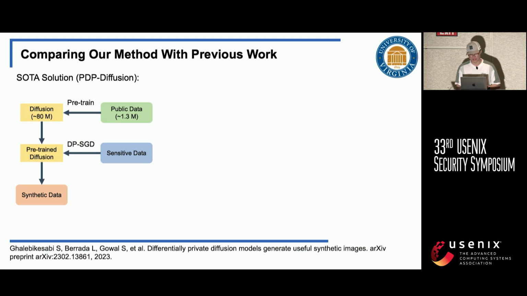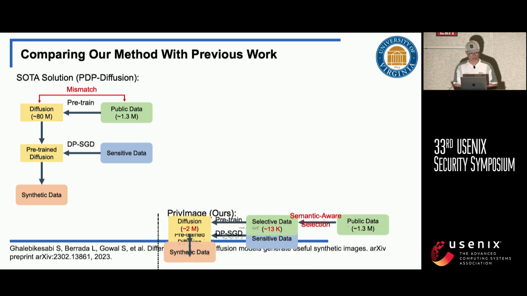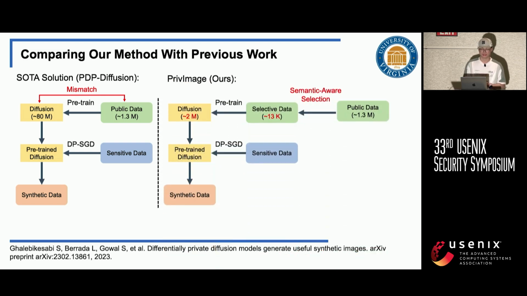But studies indicate that if the pre-training dataset is not similar to the target dataset, the effectiveness of the pre-training diminishes. Therefore, we raise the question: can we use some method to select a part of the public dataset and make its distribution closer to the sensitive dataset? Therefore, we can improve the synthetic performance.